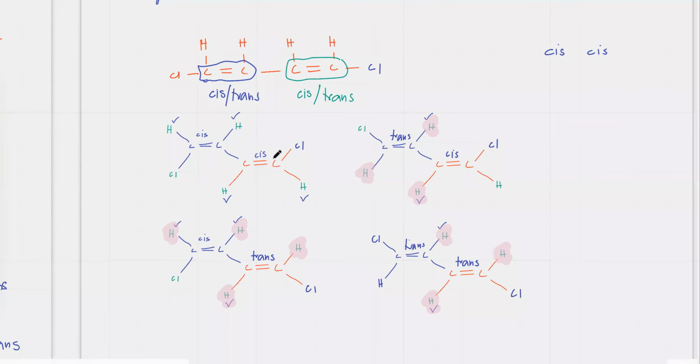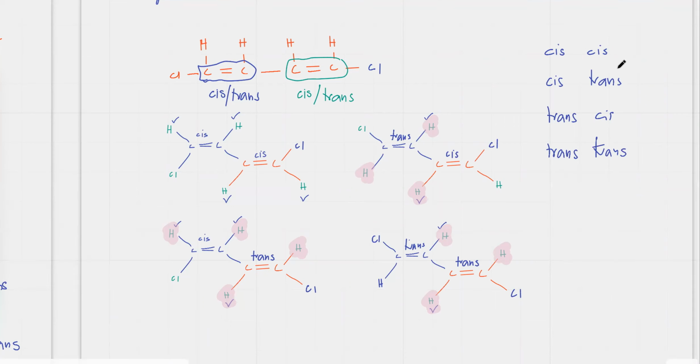The second one is, the first one is cis, and the second one is in trans form. And then you have this one: the first one is in trans form, and the second one is in cis form. And then you have the last one, which is both of them in trans form.